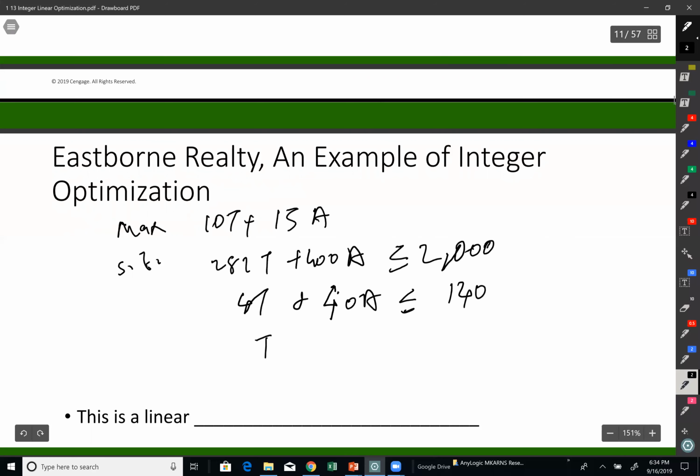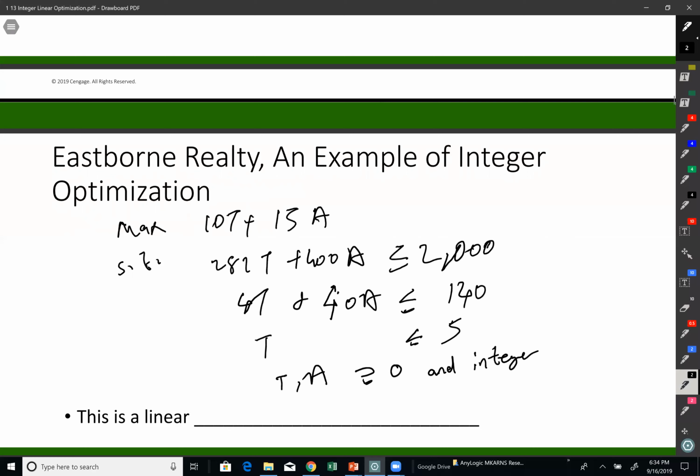And T has to be less than or equal to 5. And T and A should be greater than or equal to 0 and integer. So this is called a linear all integer program.